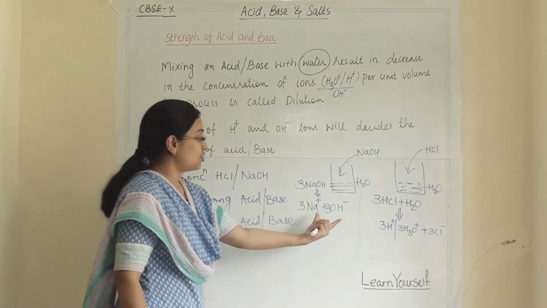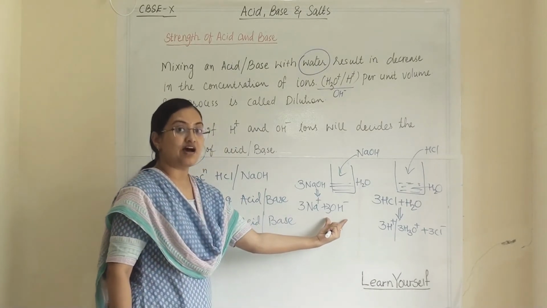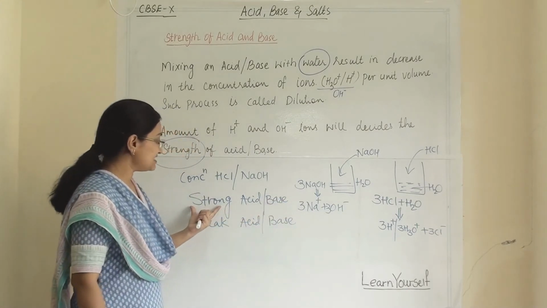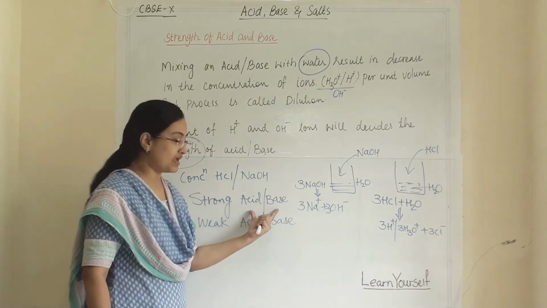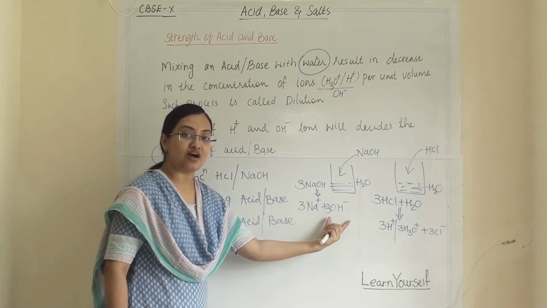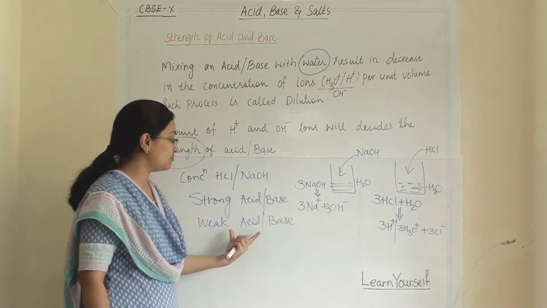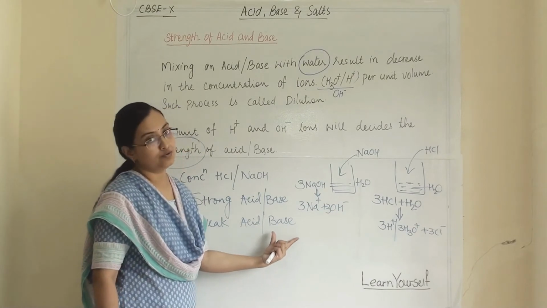When the concentration of ions in the medium is more, then it is a strong acid or strong base. When the concentration of ions in the medium is less, then it is termed as weak acid and weak base.